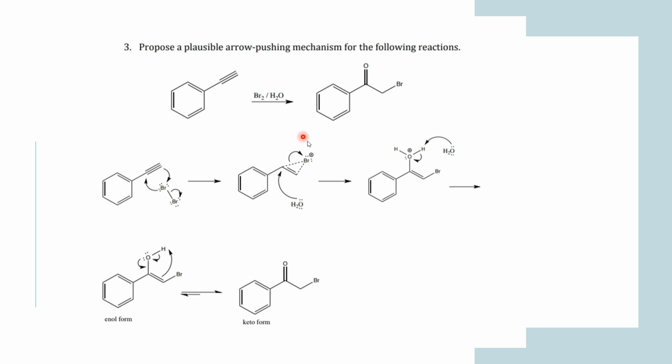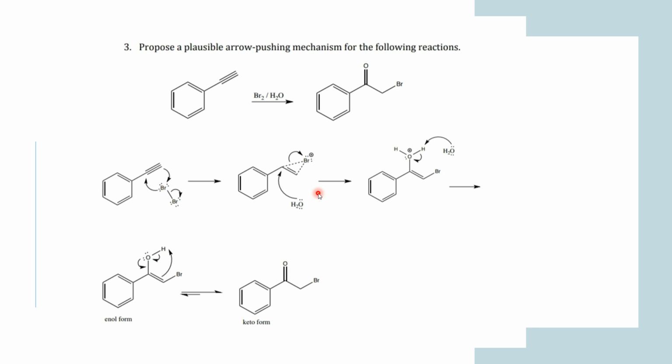Here in this step, you have two possibilities. The water molecule can attack the bromonium from either this side or this side, but you can visualize it by the formation of the more stable carbocation which is being formed here.